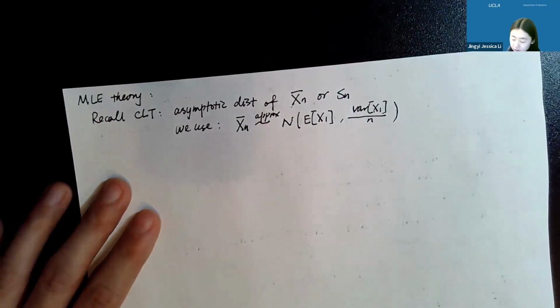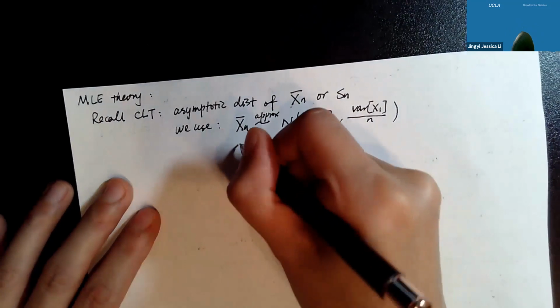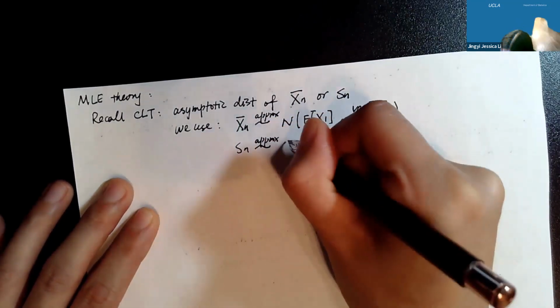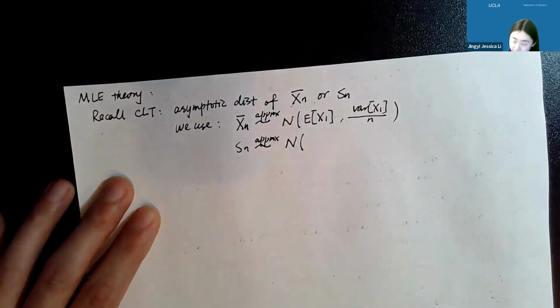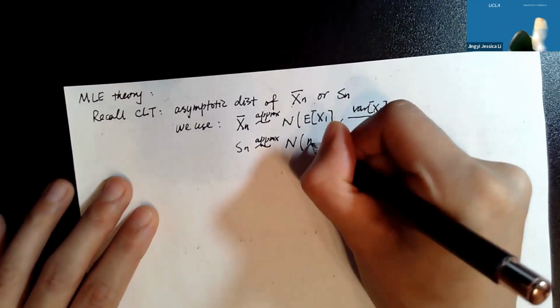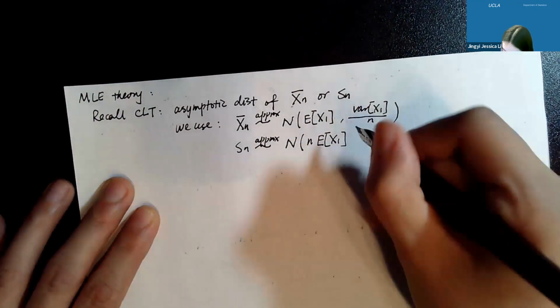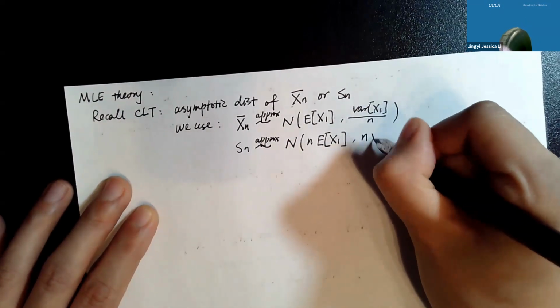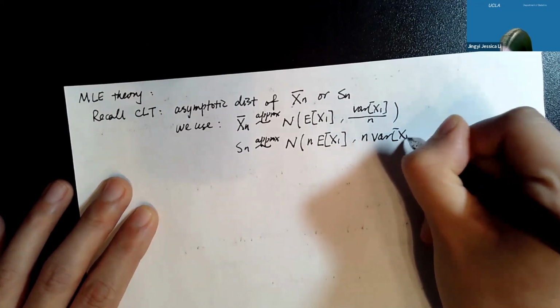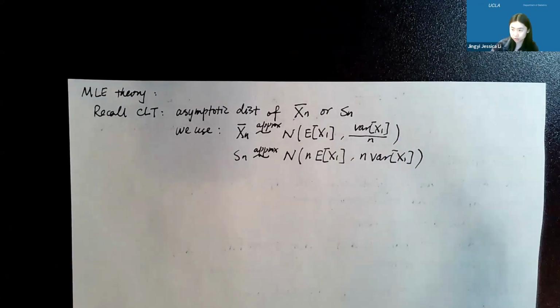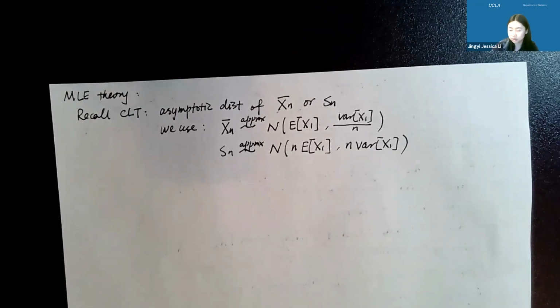And for the sum, we can also approximately say that it follows a normal distribution with the mean as n times the expectation of one random variable, and the variance as n times the variance of one random variable, right? I think everybody should see this now, and we have used this multiple times.